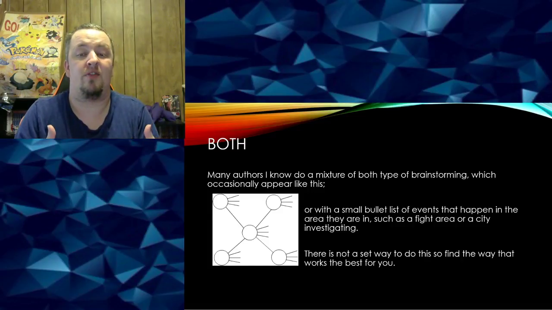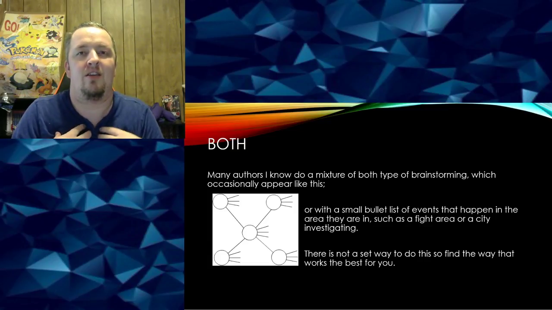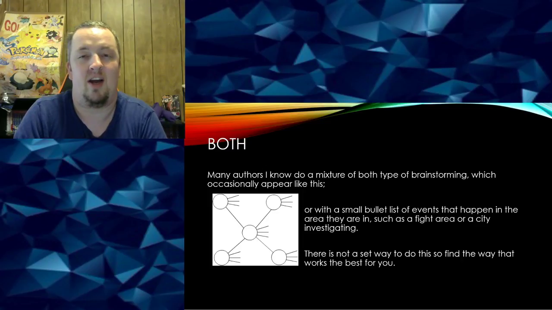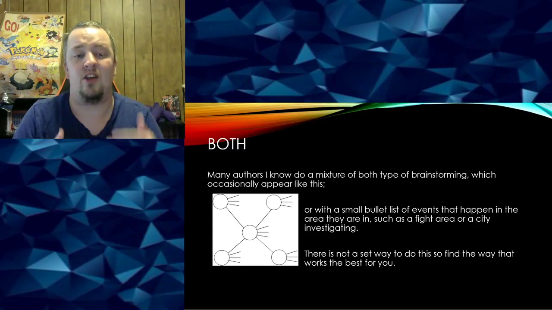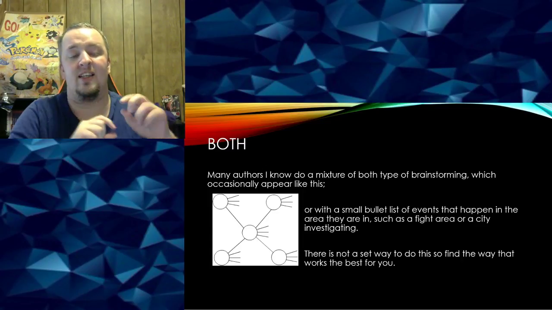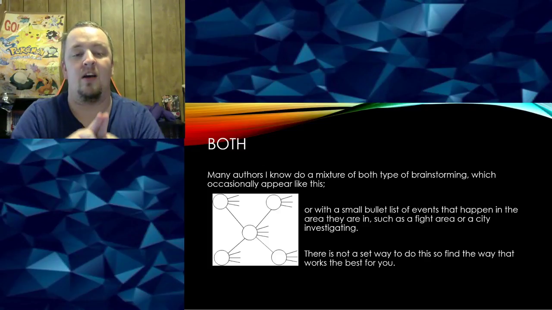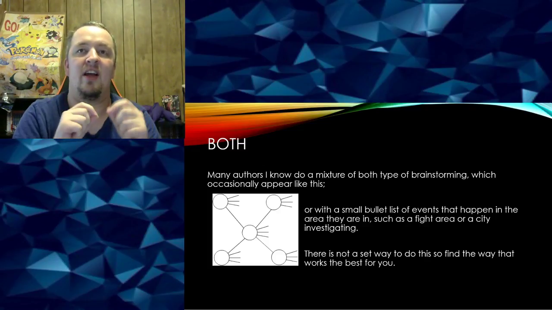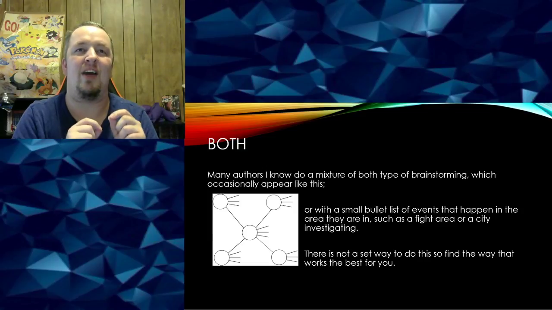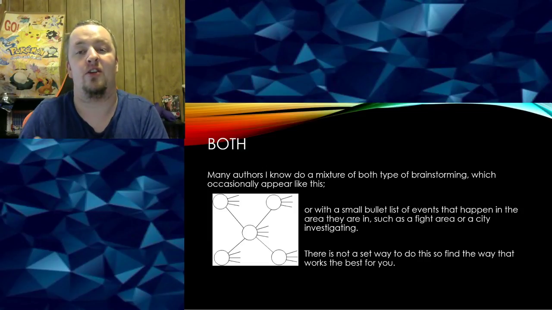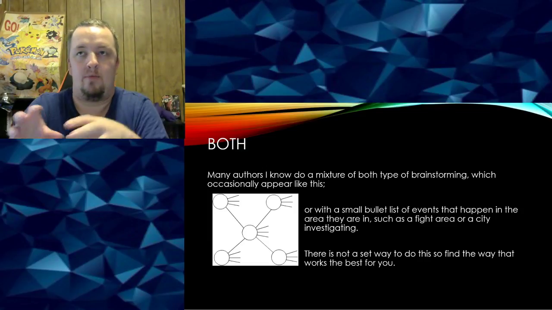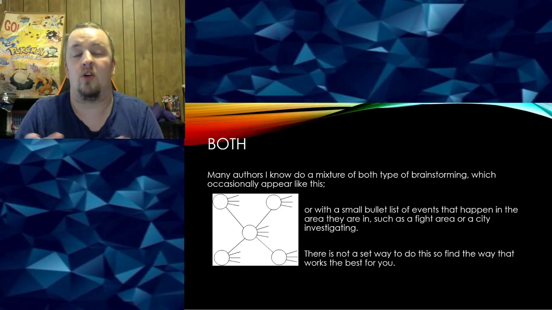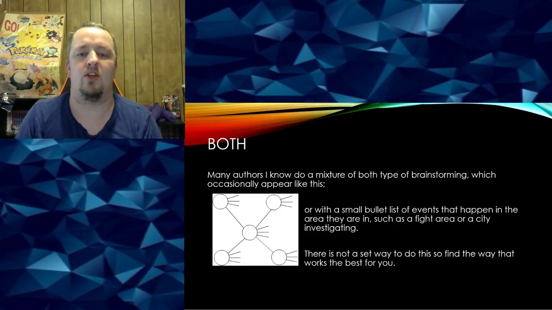A lot of authors I know do a mixture of both types. One of my good friends, who also does a lot of writing, lays it out this way: he'll put a bullet list inside the bubble with the main idea, like these are some of the things that happen in this event, and then he'll branch off of that to something that will lead up to that event. So there are so many different ways to do it.